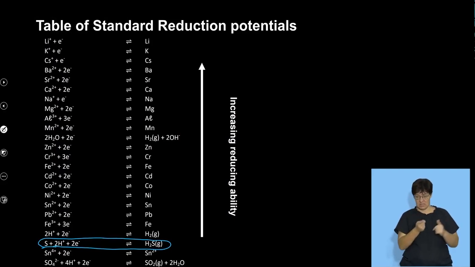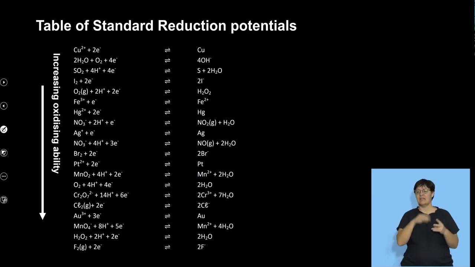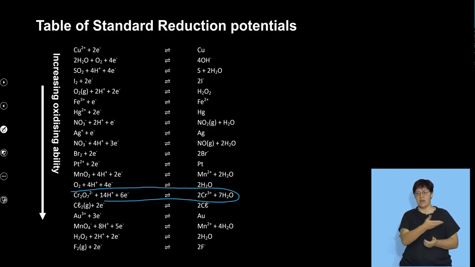Now we are going to compare it, because the table is quite long, and then there is the second part of it that involves the dichromate. There is the half equation concerned, okay? So already we are seeing that the dichromate reaction is bottommost.